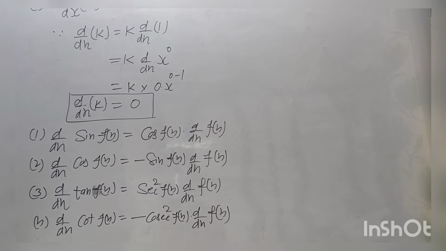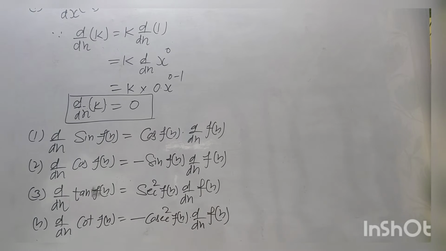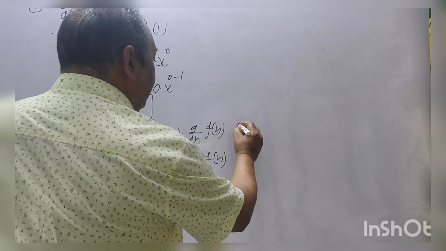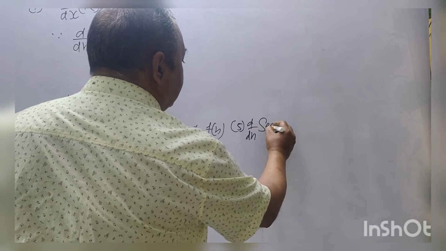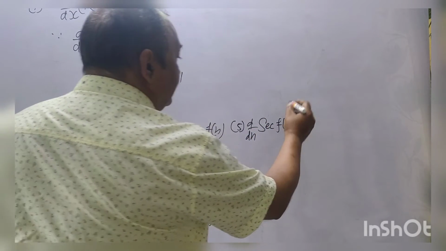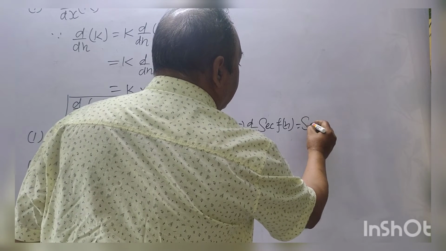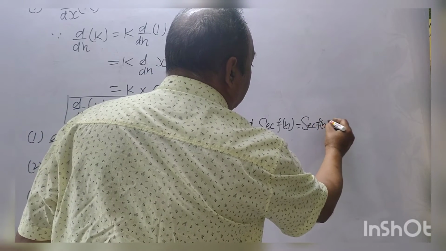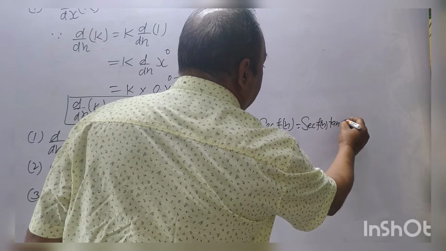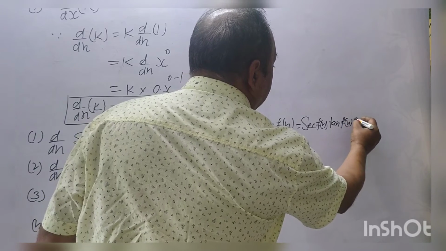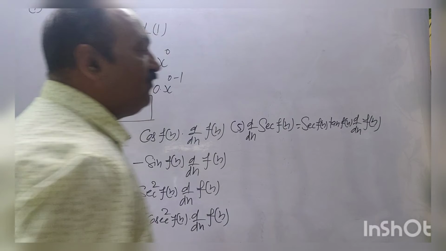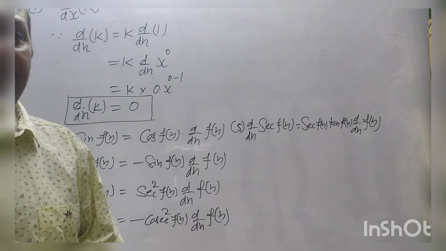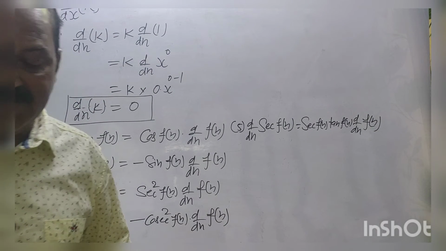So now let us write the another two formulas. Fifth is d upon dx of secant fx, that is equal to secant fx into tangent fx further derivative of fx. Further derivative of fx can also be written as, in short, f dash x.